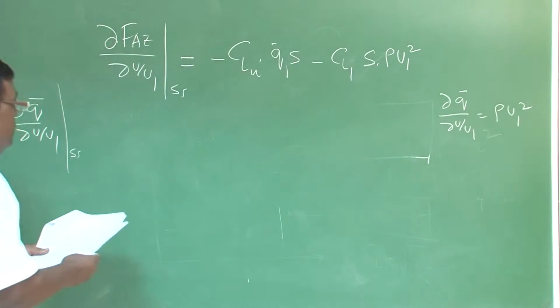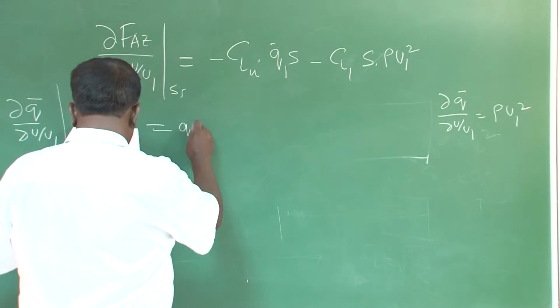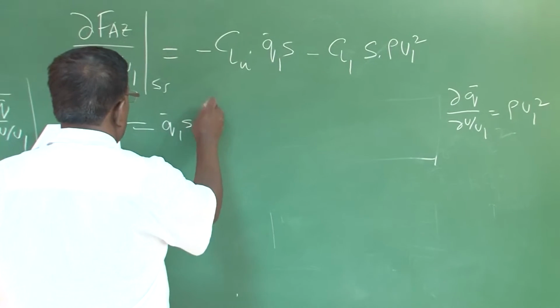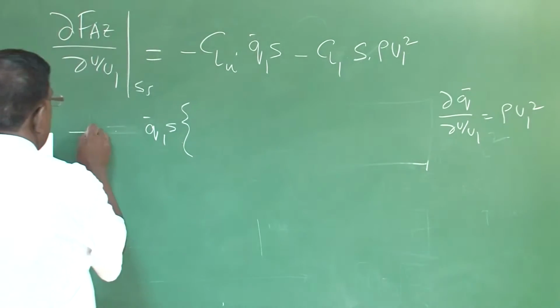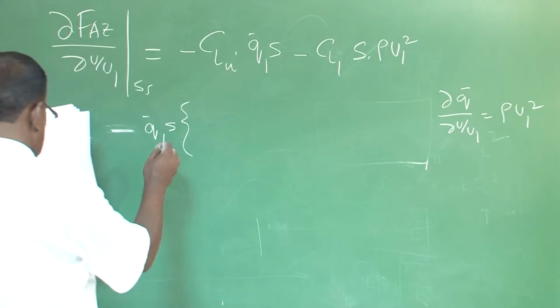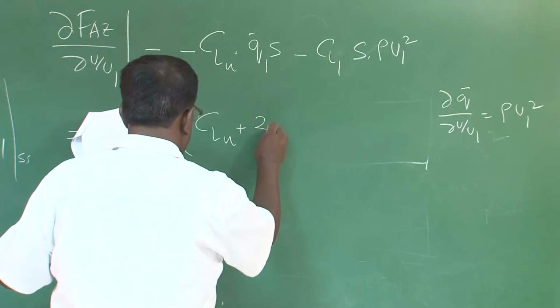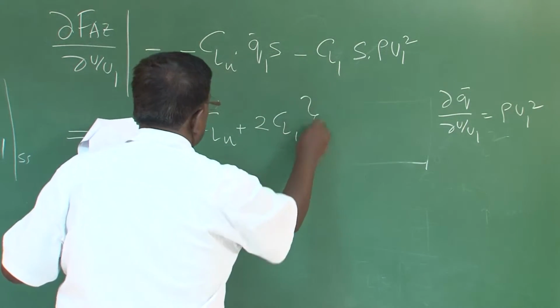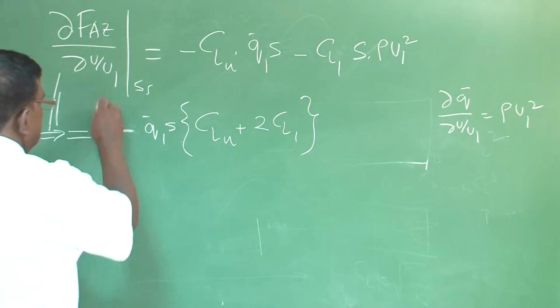Right? So if I now take Q1 as common, I write it like this: minus Q1 s into Clu plus 2 Cl1. That is this expression.